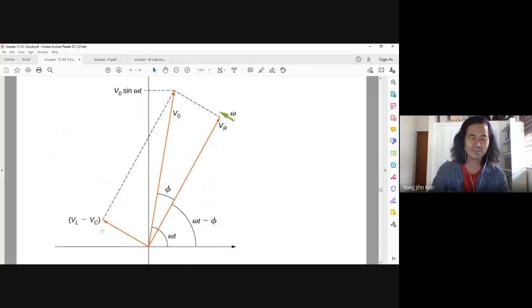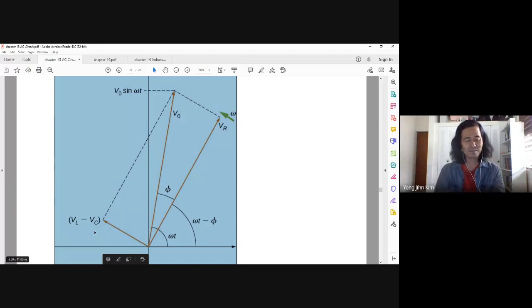Okay, so this is the sum of the voltage phasors for the inductor and the capacitor. And then we add this one and that one. Then we have the voltage phasor, V0.